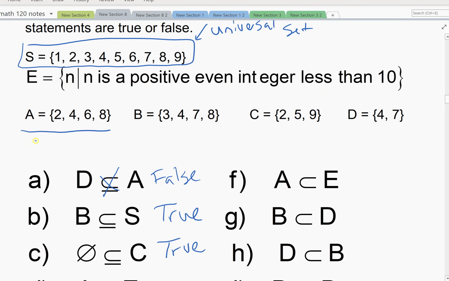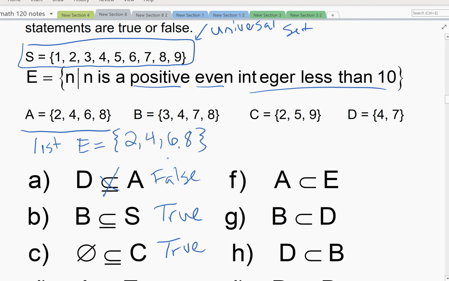So I'm going to list set E. Set E is all the positive, meaning greater than 0, even numbers only, that are smaller than 10. Well, what are all the positive even integers less than 10? 2, 4, 6, and 8, right? Those are all my positive whole numbers less than 10.